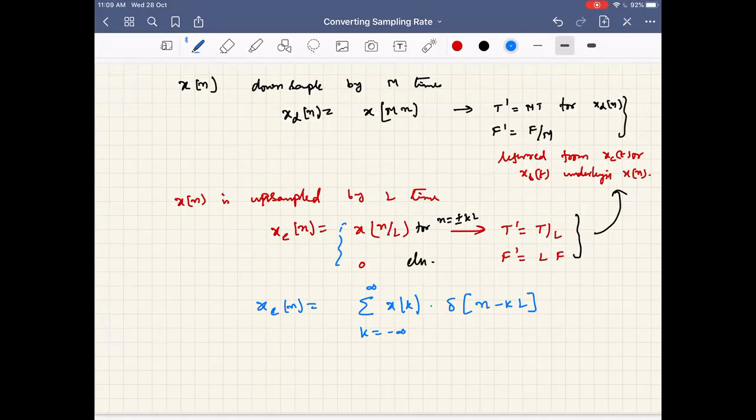This is how it is defined with a single expression for upsampling.